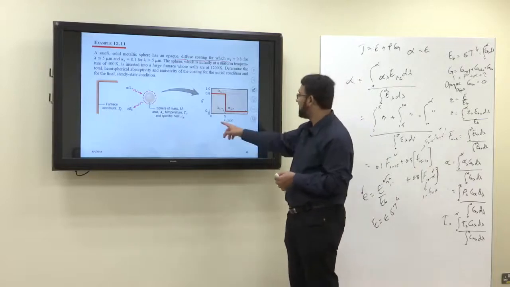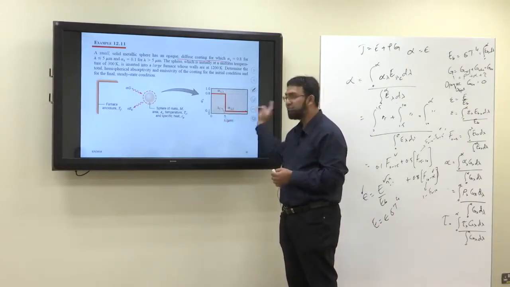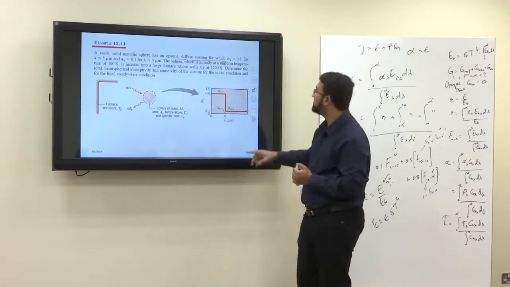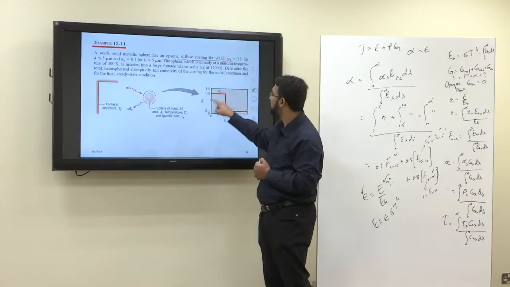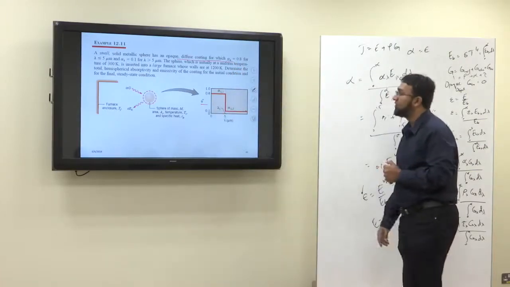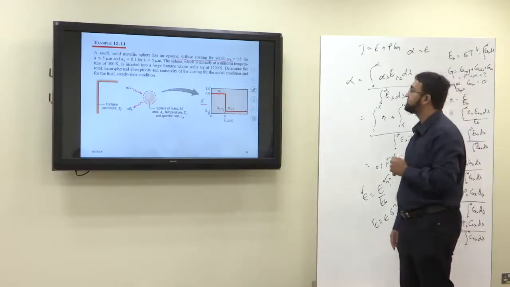So it's like this: from 0 to 5 micron, 0.8, then from 5 to infinity, it is 0.1. And this is alpha. So absorptivity is given for the coating of this metallic sphere.